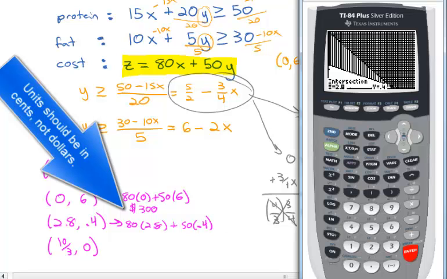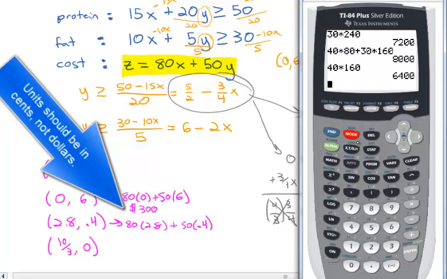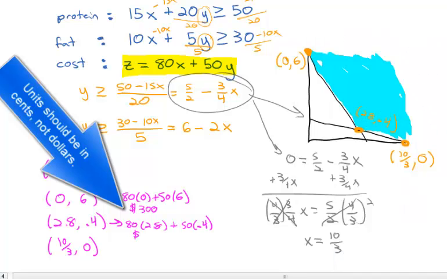What's that going to cost? Second quit to take us back to the calculator screen. 80 times 2.8 plus 50 times 0.4, $244. That's a little bit better cost. And the last one, we have 80 times 10/3 plus 50 times 0, which is just going to be 0.